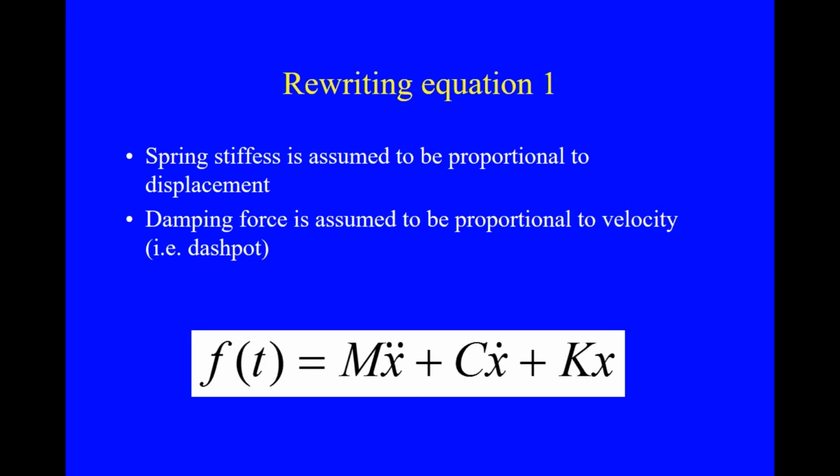Have a look around a building and see how many of those you can count. They don't exist. When the concept was introduced, the term used was equivalent viscous damping. In other words, people understood that this is incorrect, but it's a nicety mathematically. It's very convenient.